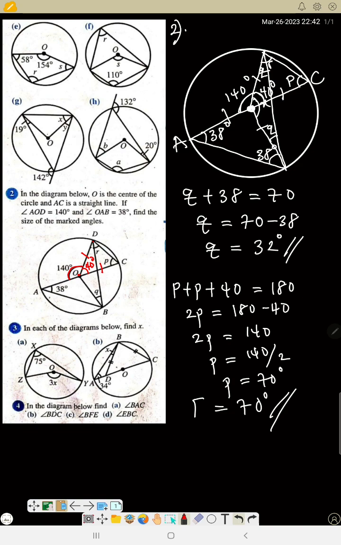So the angle here and the angle here must be equal, as base angles of an isosceles triangle. So if here is P, here too must be P, and if here is R, here too must be R. So I add everything, P plus this 40, everything should be 180. So that is how we know P.